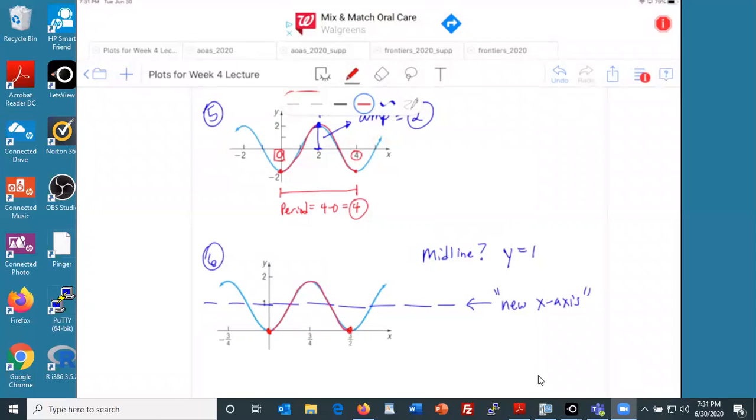It's starting below the new x-axis. Don't look at the solid x-axis, look at the dotted one. This is our new x-axis or midline. So it's shifted up. So that means we're starting below the midline. So this is a graph of a negative cosine function.